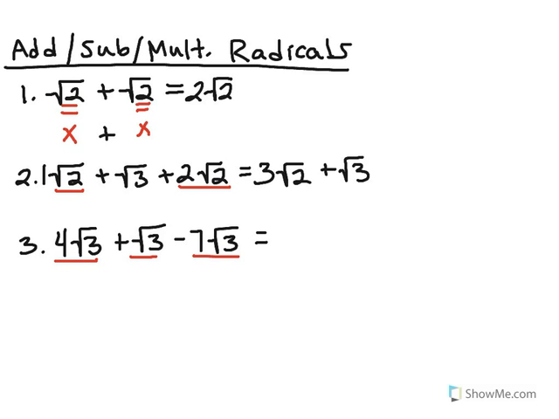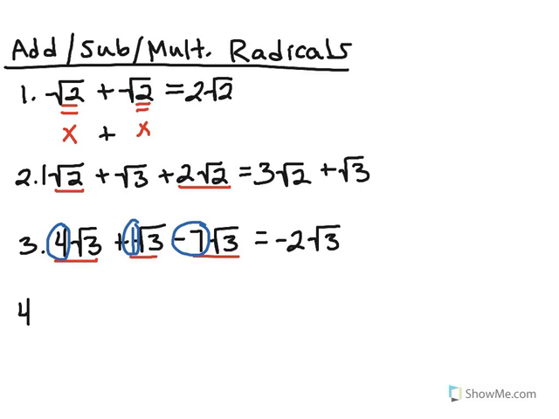So I'm going to be able to break this down to one radical in the end, which has to do something with the square root of 3. Let's just focus on the coefficients here. I have positive 4 and positive 1, and then I'm taking away 7. So 4 and 1 is 5, minus 7 is negative 2. So that's how addition and subtraction works.